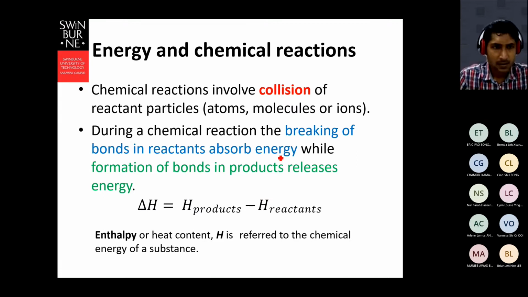Now, energy and chemical reactions. In a chemical reaction, there are different types of atoms and there is collision happening between them. When there is a collision, there is a possibility that they can break bonds first and form a more stable bond which has a lower energy. So they do not always have to be excited.